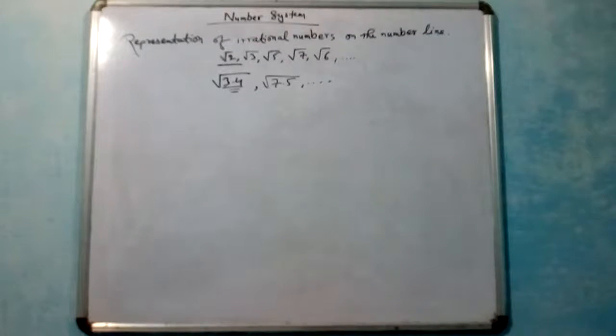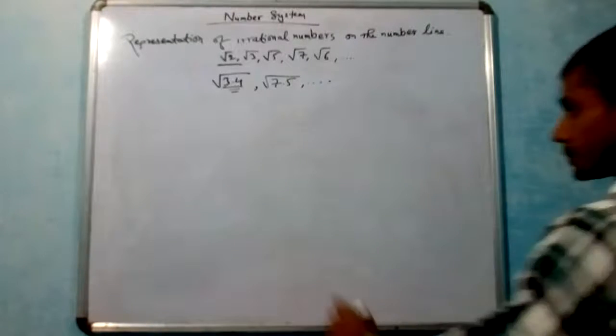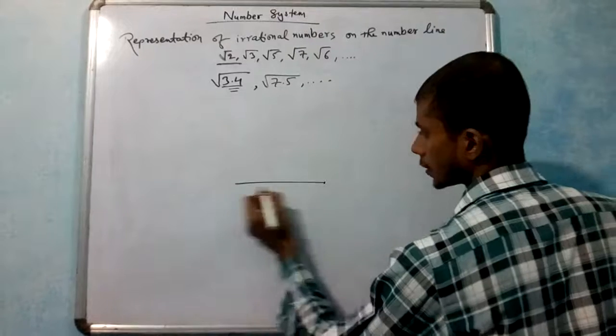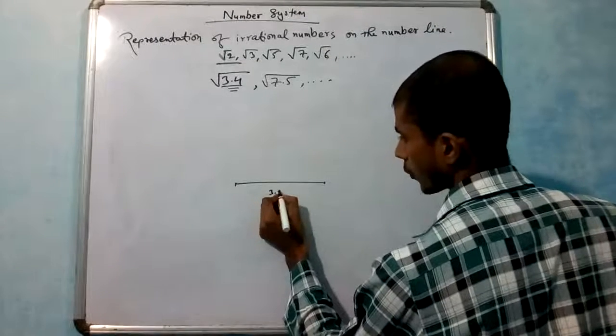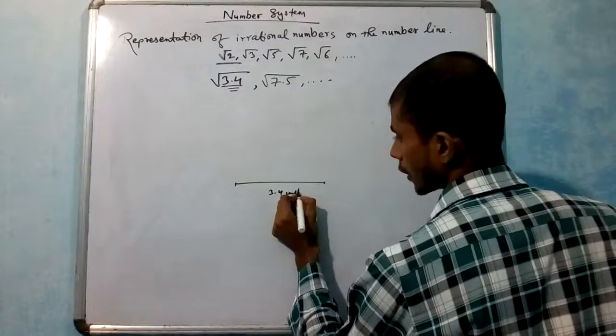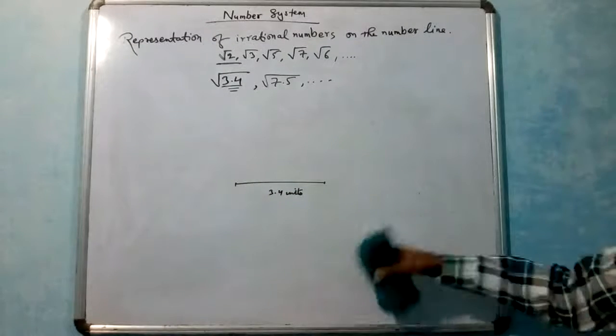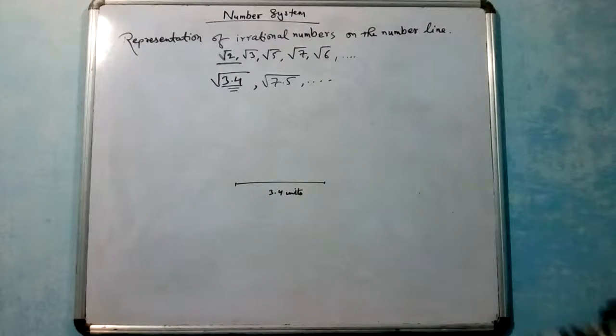So we take any length 3.4. How much is it? 3.4 units.